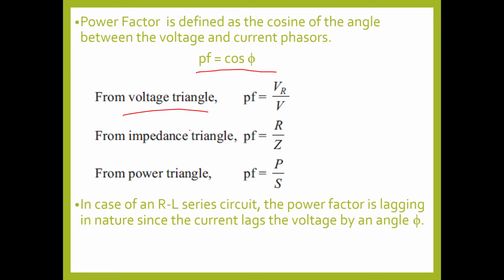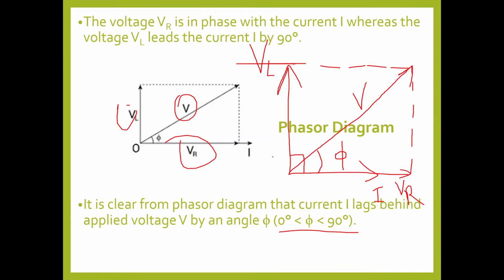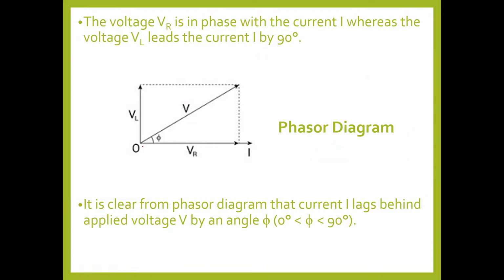You can draw the voltage triangle, impedance triangle, or power triangle for this RL circuit. I have already shown you the voltage triangle and the power triangle. If you know the phasor diagram, you can easily draw the triangles. Here, this is VR, this is V, this is VL.